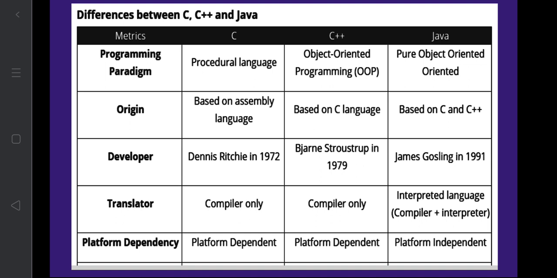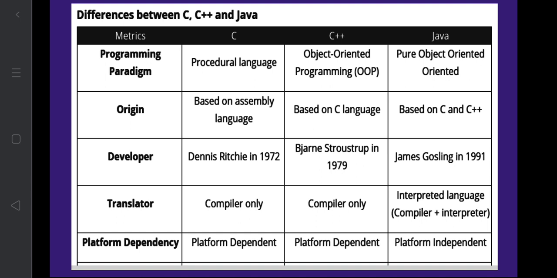C was developed by Dennis Ritchie in 1972, and C++ developed by Bjarne Stroustrup in 1979, and James Gosling developed Java in 1991. It is a recently developed language.